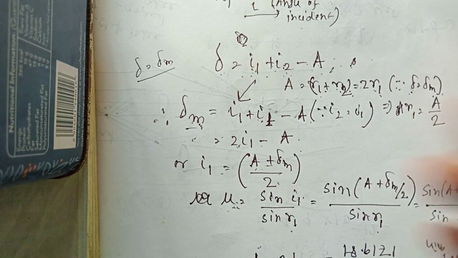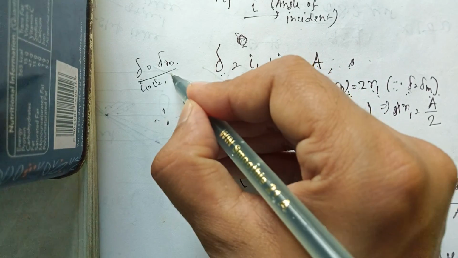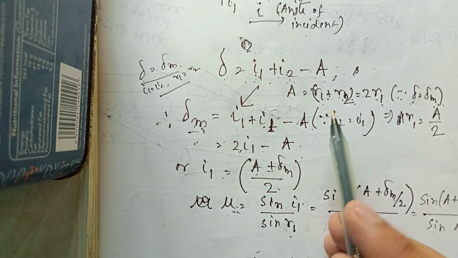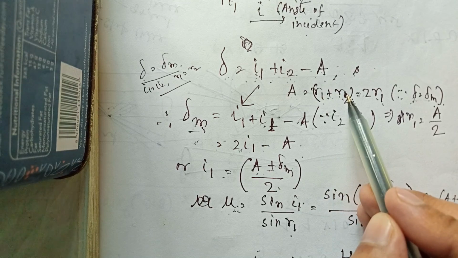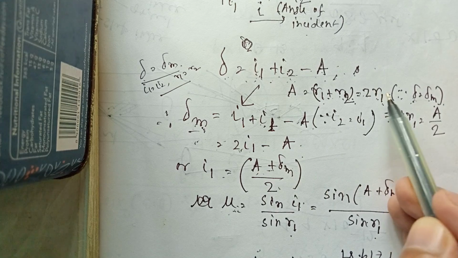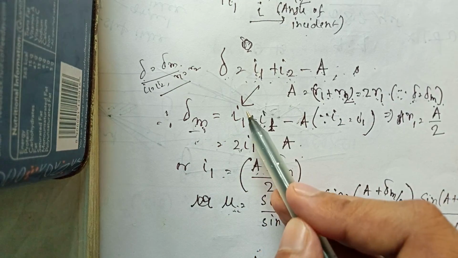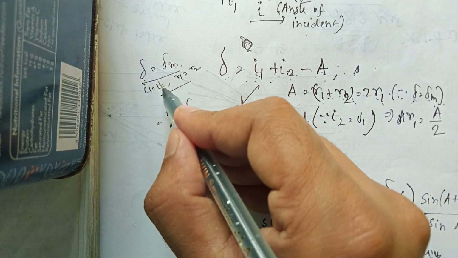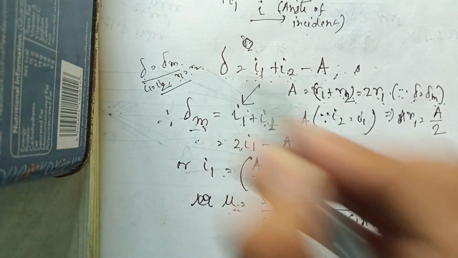Why? Because at delta equal to delta M, I1 should be equal to I2, then R1 must be equal to R2. So I have written here that at delta equal to delta M, R1 equal to R2, so A becomes 2R1. A equal to 2R1. And here delta M equal to I1 plus I1 minus A, that is 2I1 minus A, because at delta M, I1 must be equal to I2 and R1 must be equal to R2.